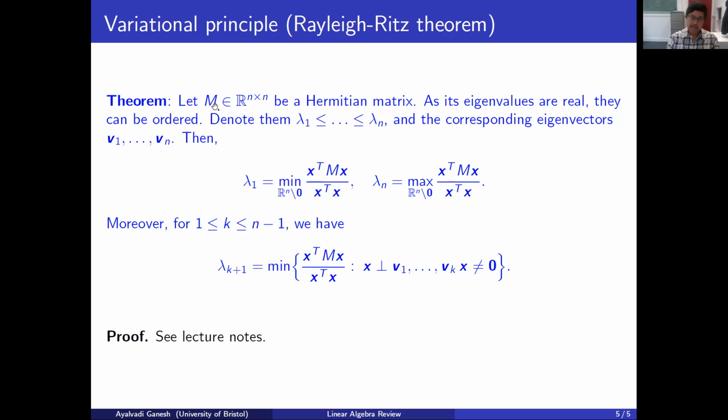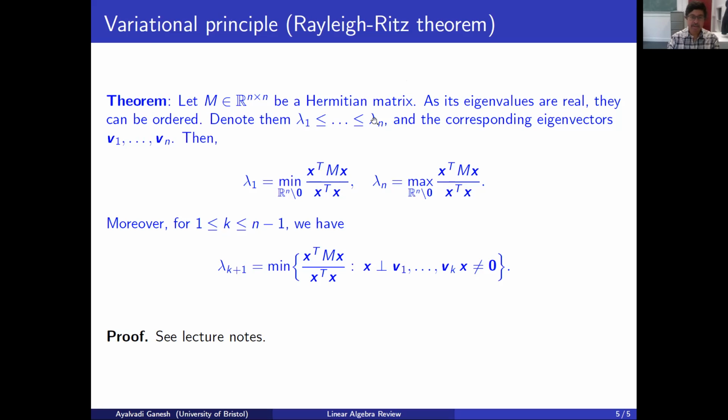Okay, so let me state the theorem. M is Hermitian. This could be stated for complex n by n matrices, but I've stated it for real, it's the same thing. So let M be a real symmetric matrix. As we proved, its eigenvalues are real, and so we can order them from smallest to largest.